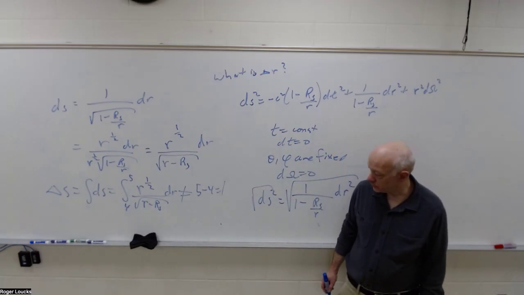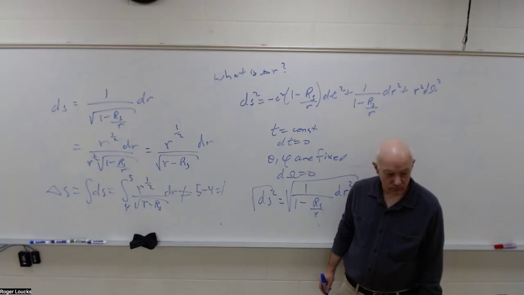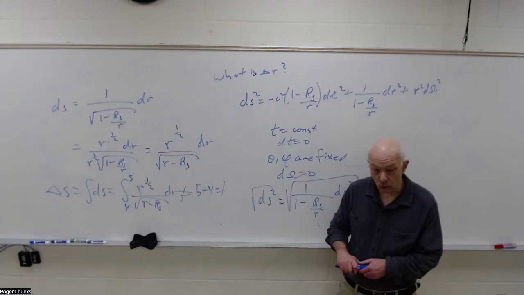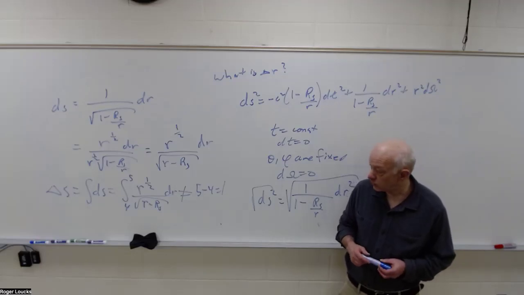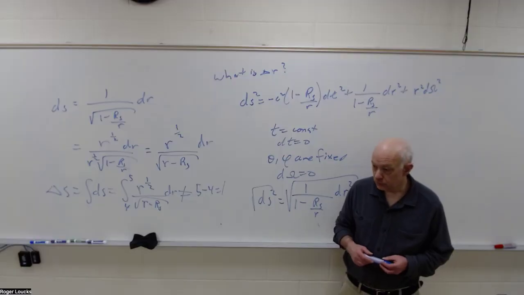That makes sense. You're going to find actually it's greater than that value, meaning that there is more space between them because again, your space is curved. And so there's more space in it. That makes sense.